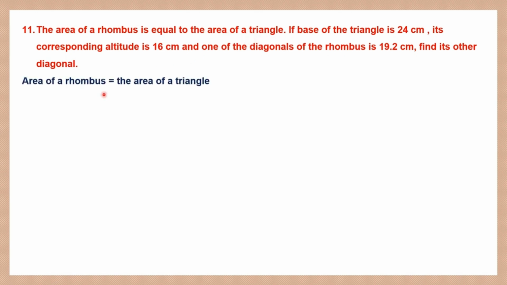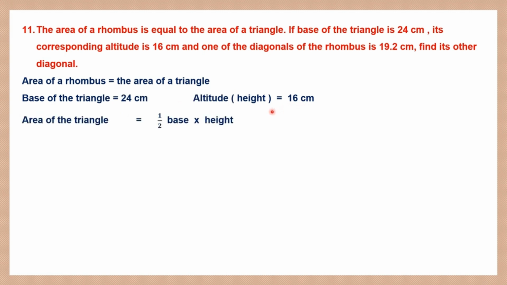So let's begin. Area of a rhombus is equal to area of a triangle. Now we've been given base of the triangle and the altitude of the triangle. So now we can find the area, half base into height, which is 1 by 2 into the base, which is 24 centimeters into 16. So here let's cancel.